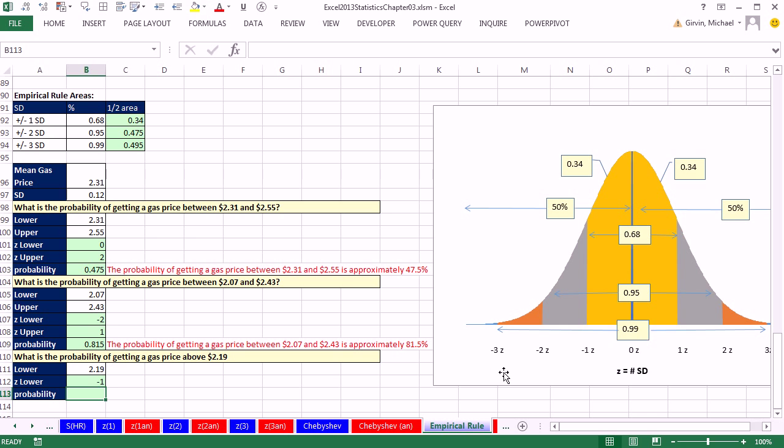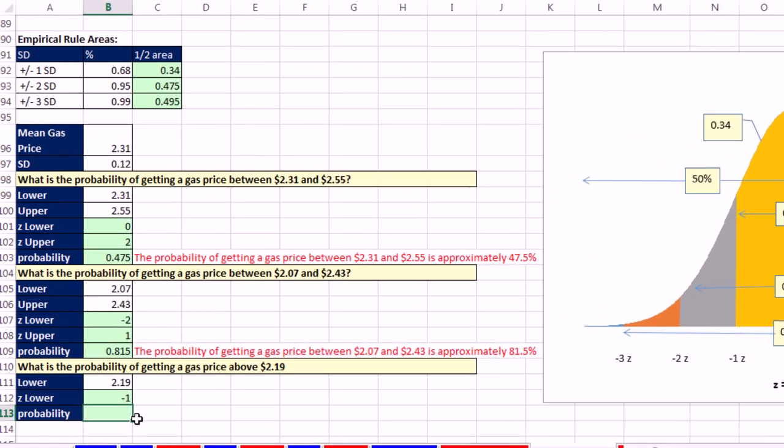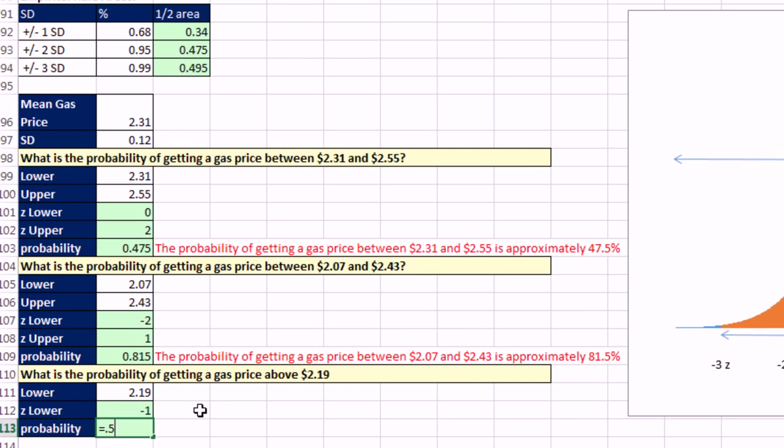Well, the -1 is right here, and we're trying to figure out everything from there above. Well, I know everything from the 0z up is 50%. And everything from the 0z to minus 1z is 0.34. So down here, I'm simply going to say equals 0.5 plus 0.34.